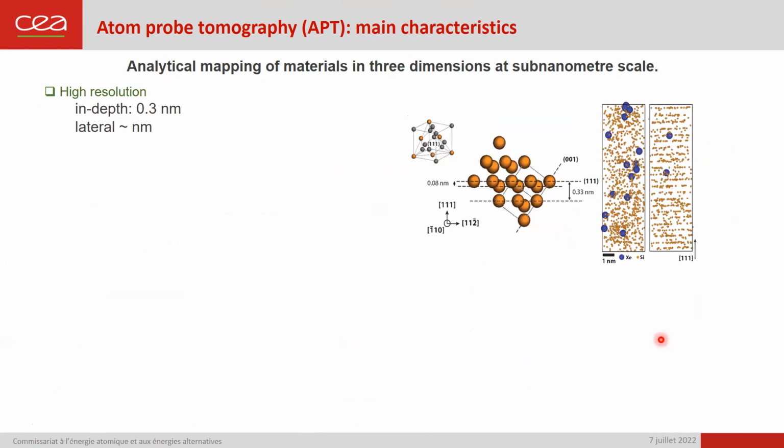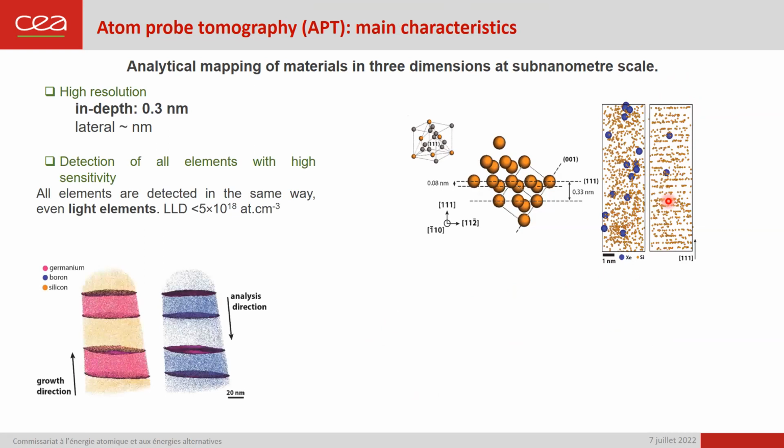Resolution of atom probe tomography is anisotropic, but can be subnanometric along the depth axis. All the elements can be detected in the same way, even light elements, with a low detection limit around 5 10^19 atoms per cubic centimeter.